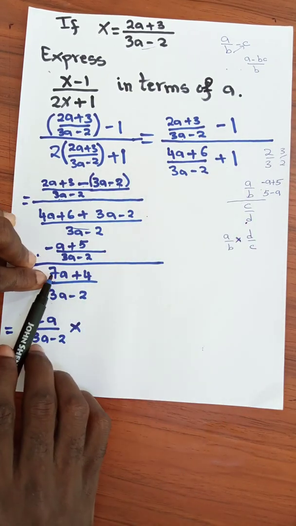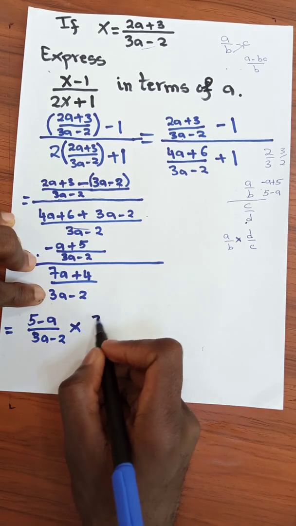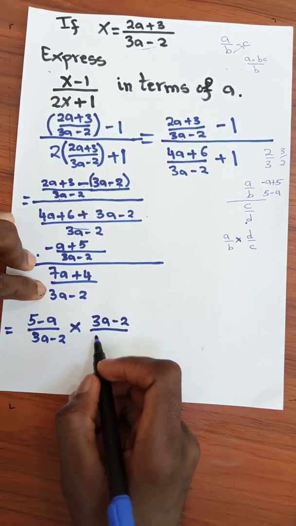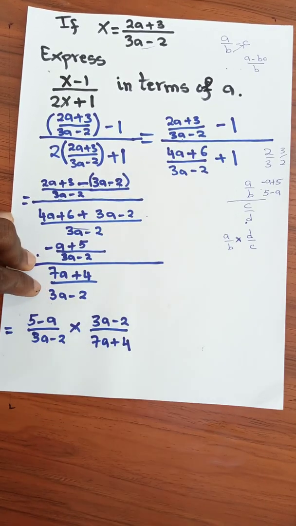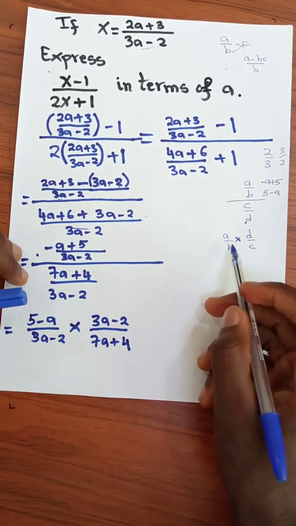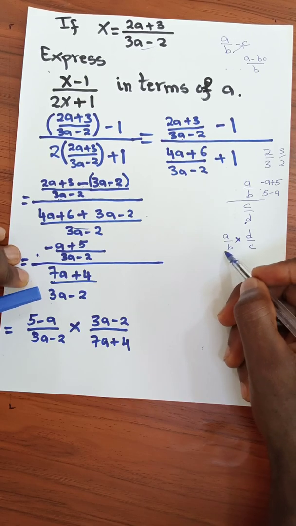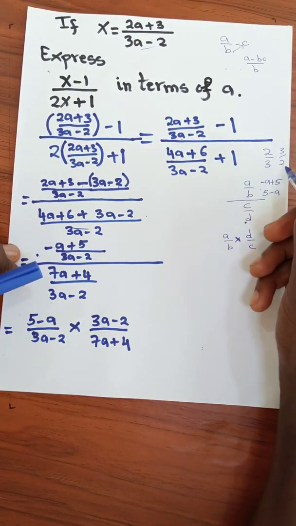So the reciprocal of 7a plus 4 on 3a minus 2 is 3a minus 2 on 7a plus 4. Okay, let me use the numbers so that it works.